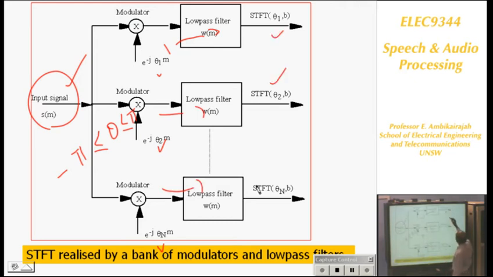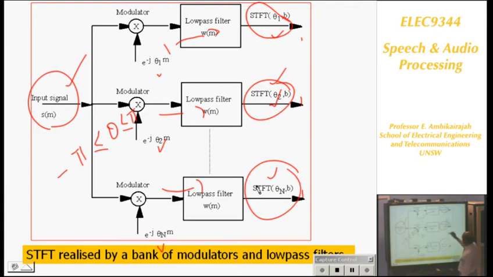And 1, 2, 3. These are complex numbers. That one, that one, that one. You find out the magnitude of each one. If that magnitude, that one, is very much greater than that one, you can say theta 2 is present. If this magnitude is also at the same level as this, then you can say these two frequencies are present.